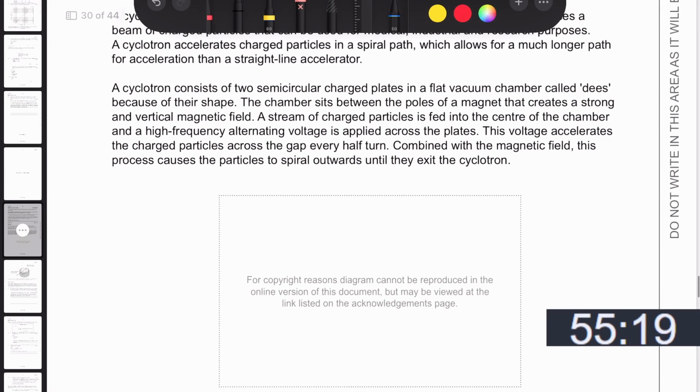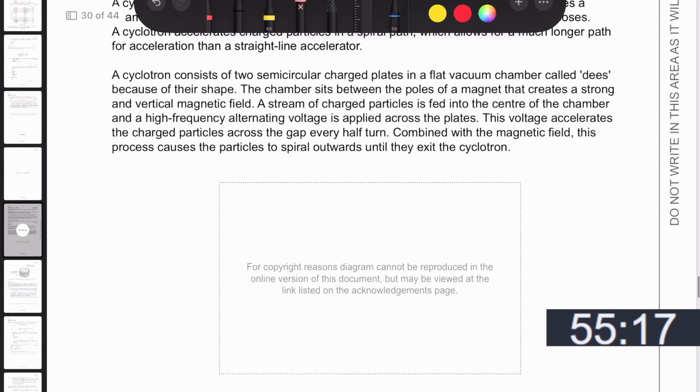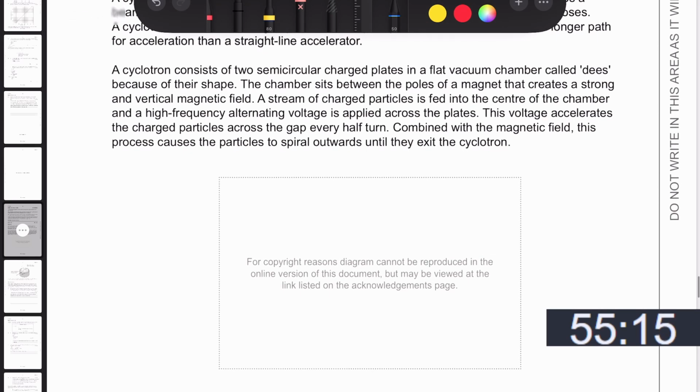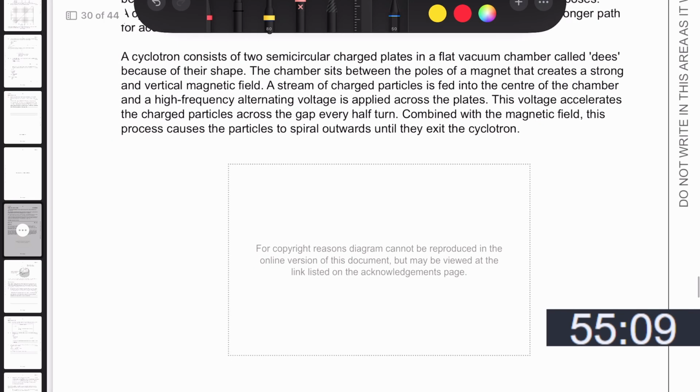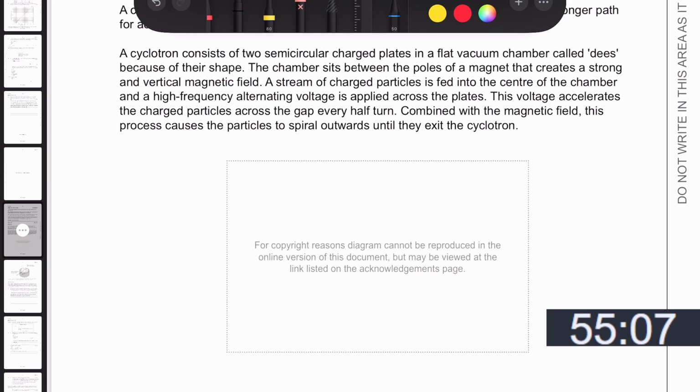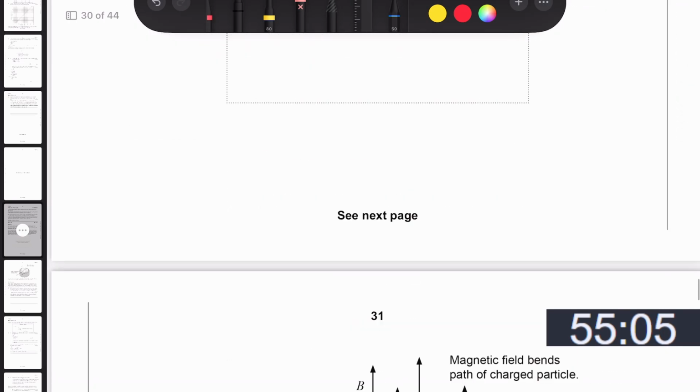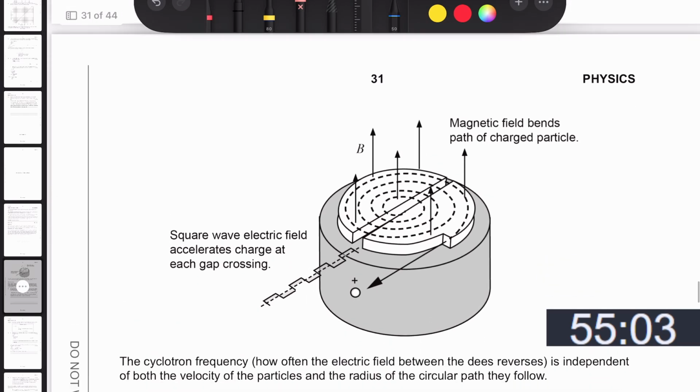So the voltage accelerates across every half turn, so every half turn it needs to flip.